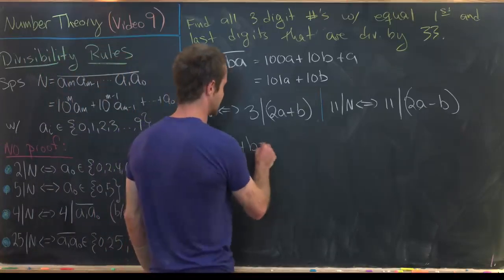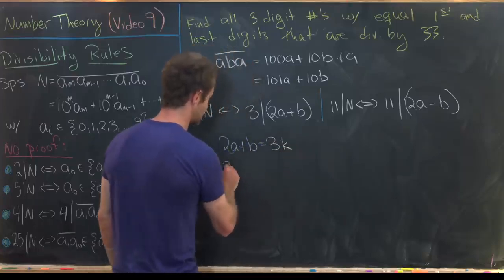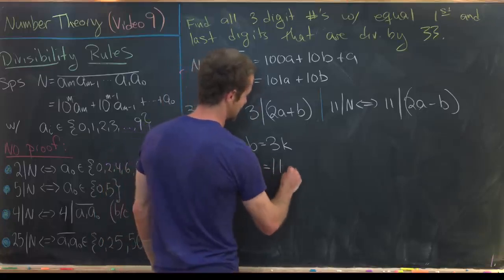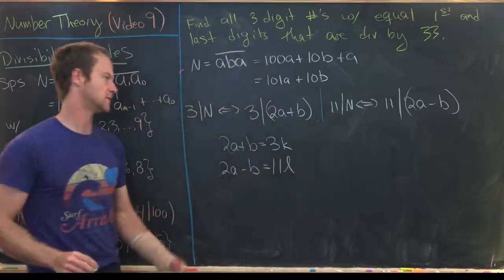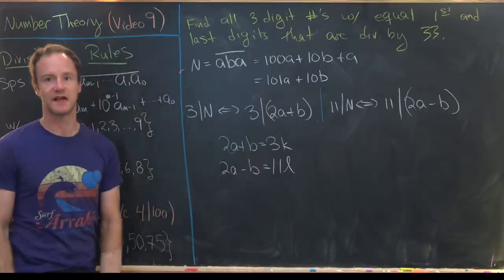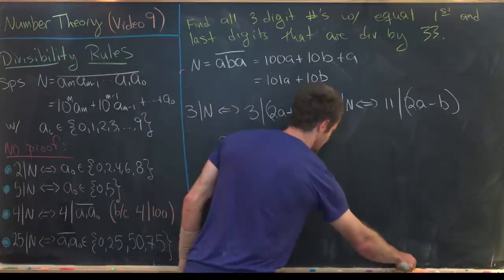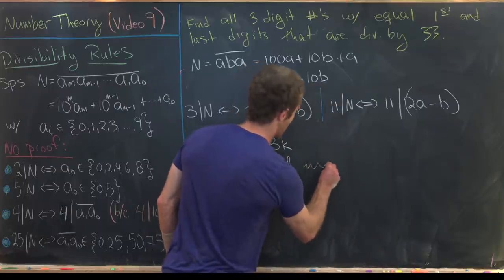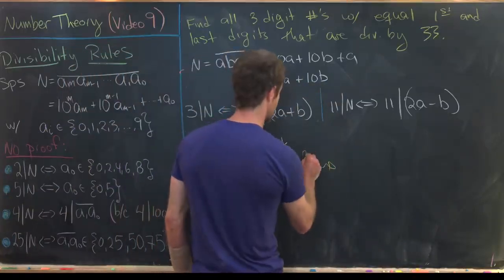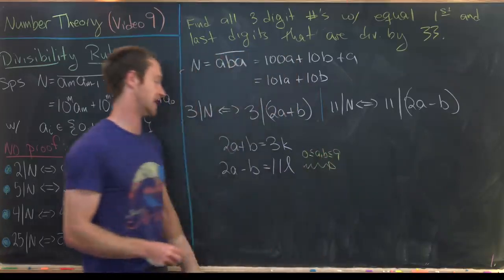So that means that 2A plus B is equal to 3 times, I'll call it K, and 2A minus B is equal to 11 times L. Well, that's exactly what it means for this guy to be divisible by 3 and this guy to be divisible by 11. Now we'll use the fact that A and B are between 0 and 9. So let's write that 0 is less than or equal to A and B, which is less than or equal to 9.